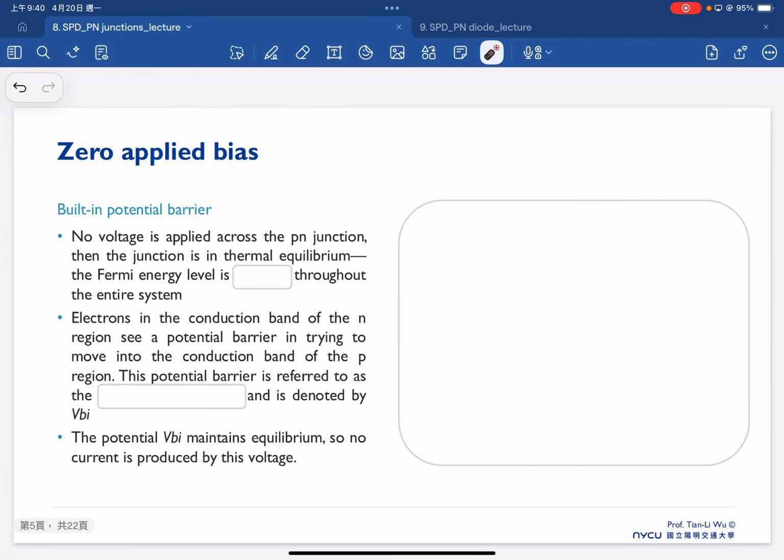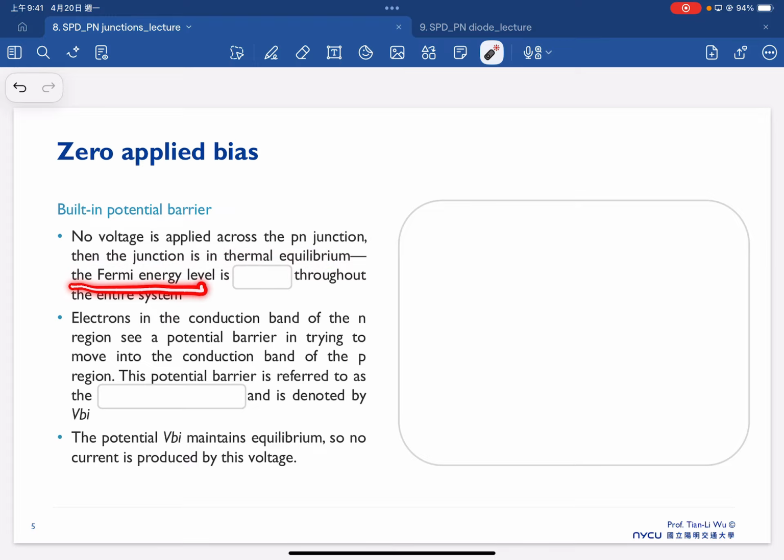Since right now we don't apply any voltage, there's no voltage applied across this PN junction, and therefore the junction is in thermal equilibrium.